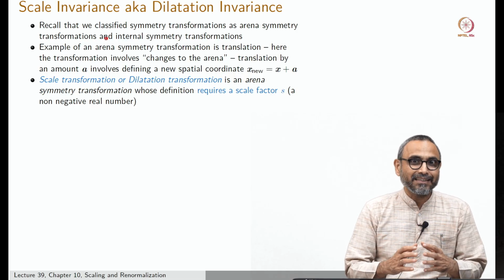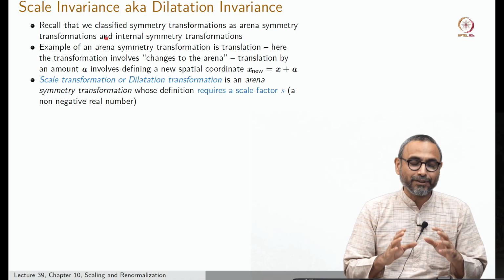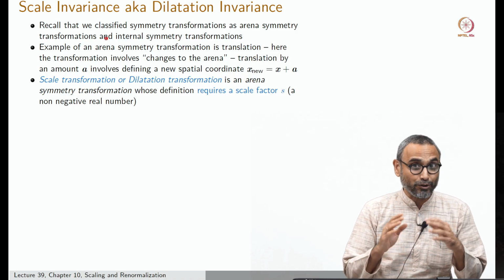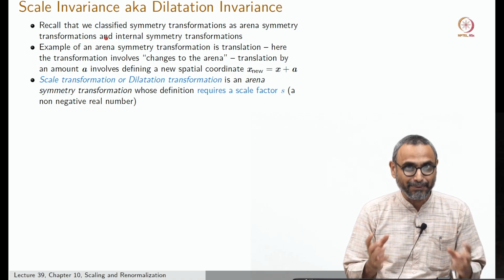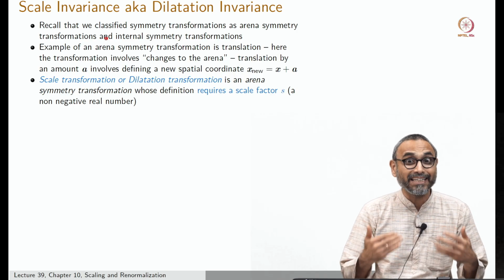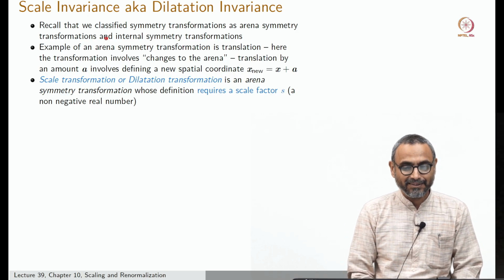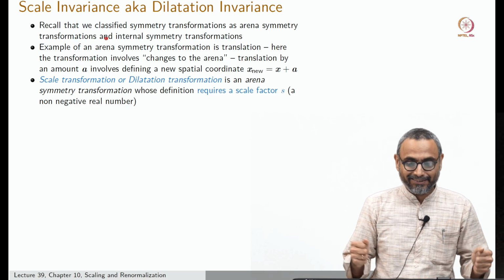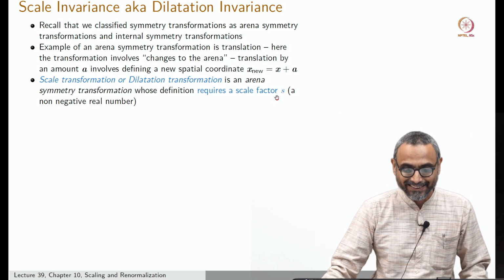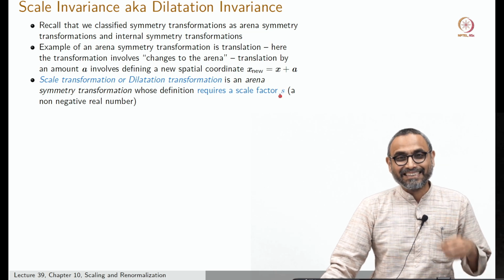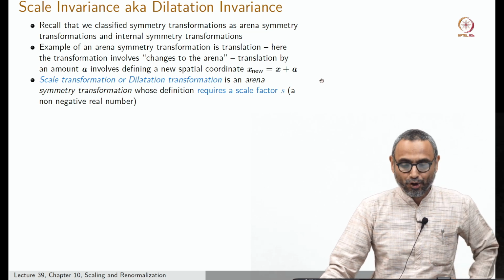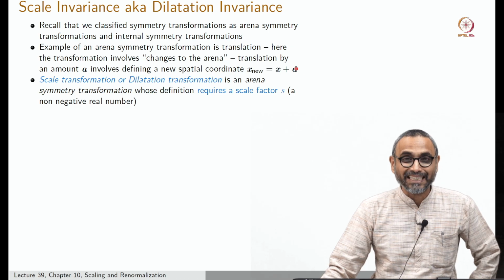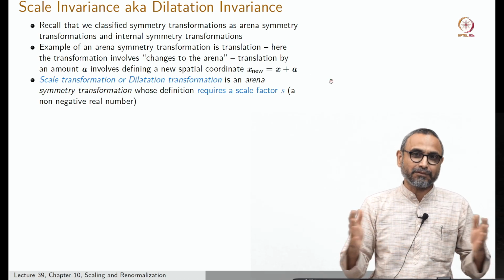The first important thing to note is that dilatation or scale transformation is some kind of arena symmetry transformation. To describe this, we need a scale factor S, which is the analog of the amount of translation a.